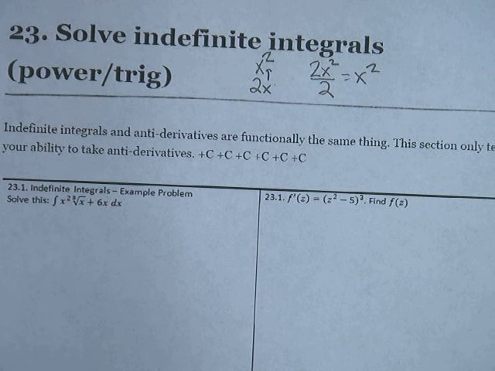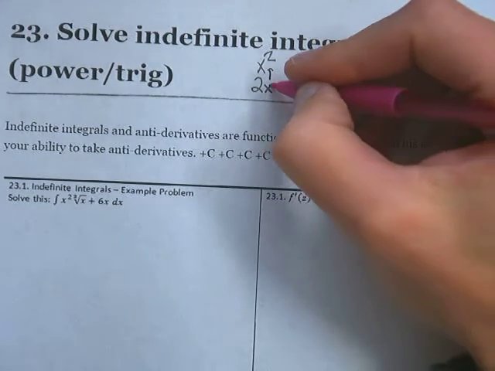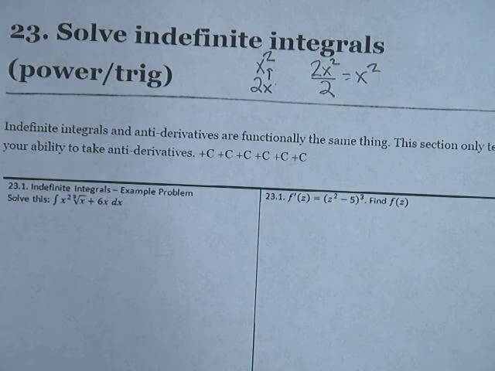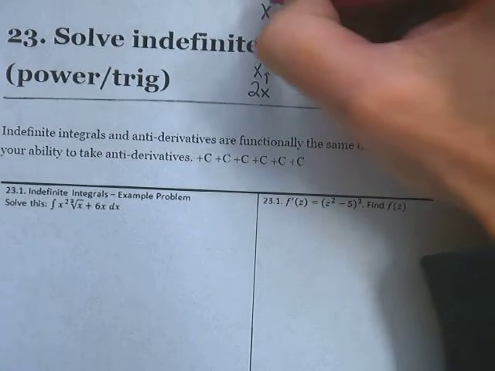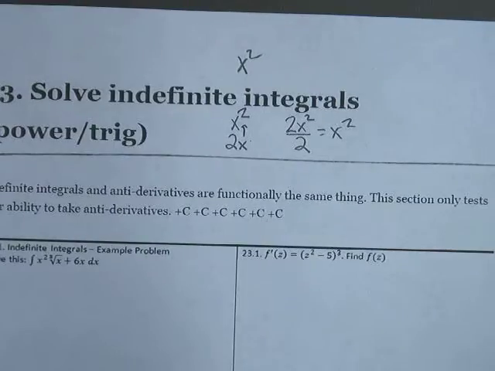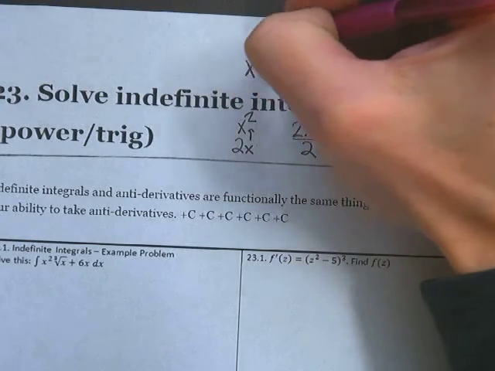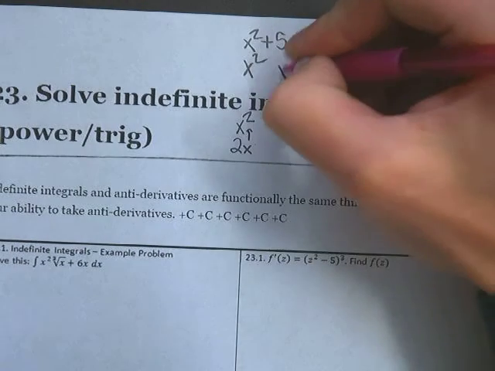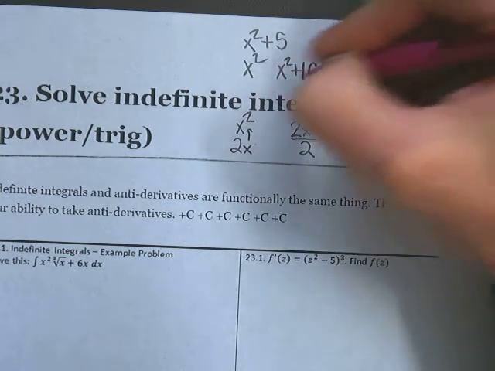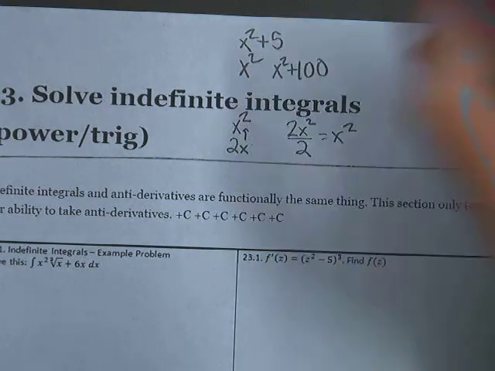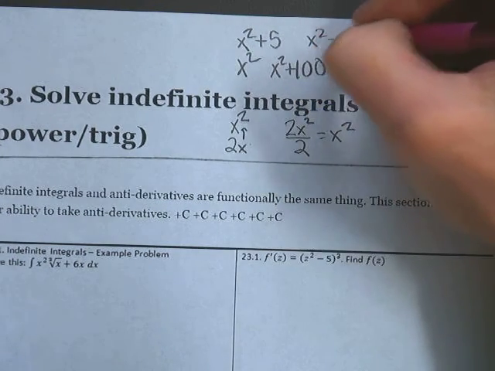However, when we're going in that backwards direction, a lot of things have a derivative of 2x. X squared has a derivative of 2x, but so does x squared plus 5, and so does x squared plus 100, and so does x squared minus 1,000.